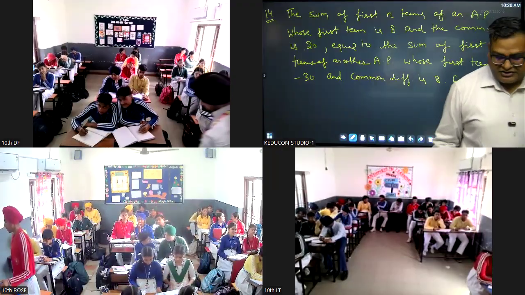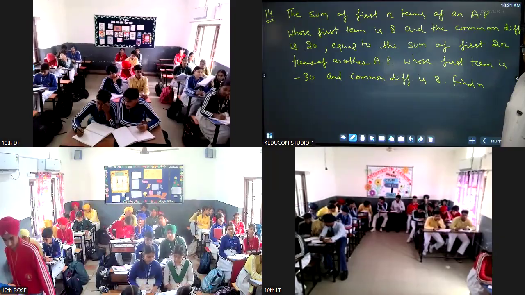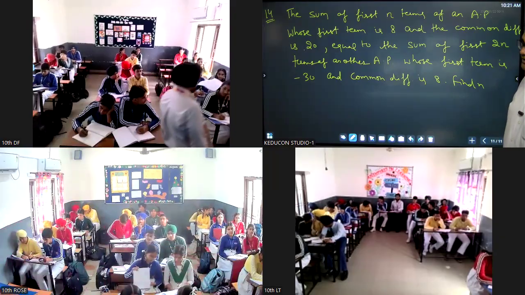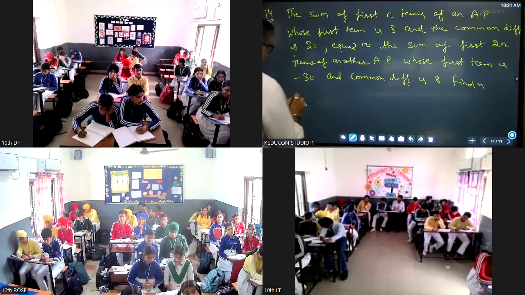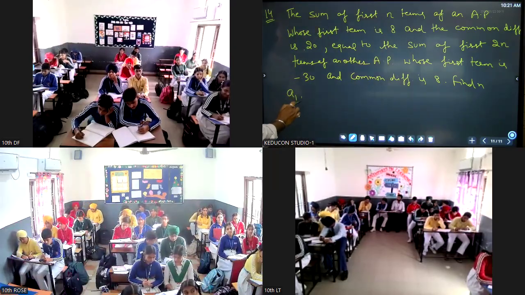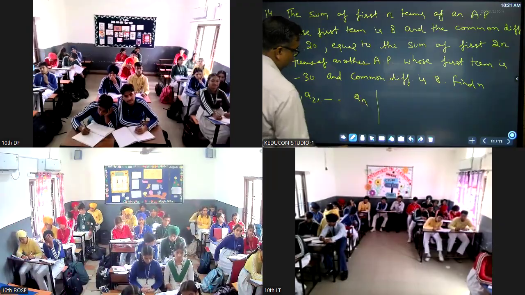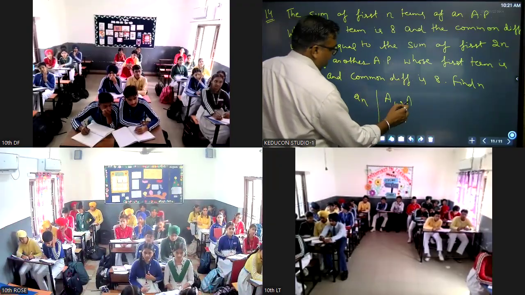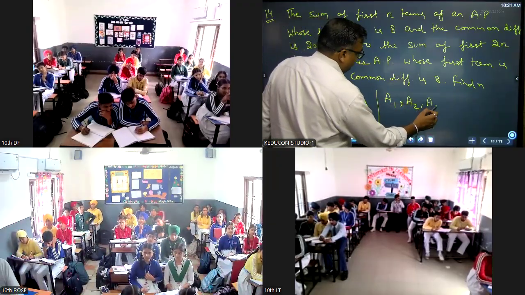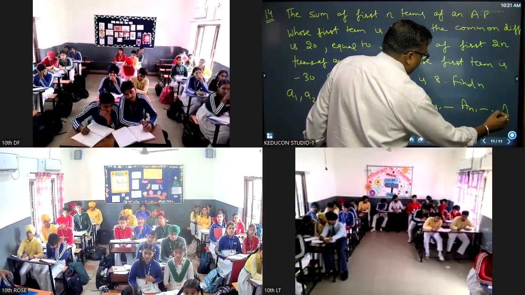Right, students. So this is the question. First of all, look at the question and tell me whether you understood the question or not. Bachche, there are two APs, right? Let's say first AP is A1, A2 up to An. Second AP is that I am representing by the capital A, A3, An, उसके बाद भी आगे terms है up to 2n.